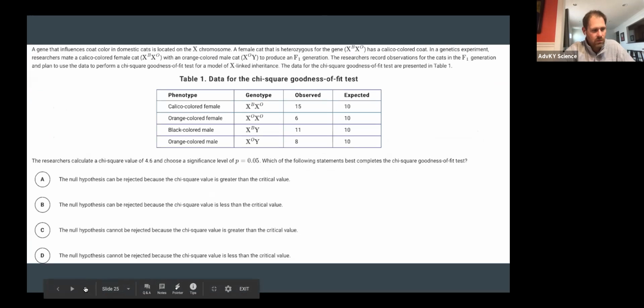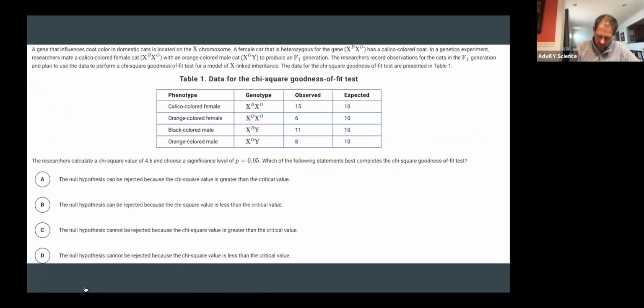Okay. So we'll see if we can, let's answer two more questions. I've got two questions right here in a row. Let's answer these and we're probably going to run out of time for anything else. Okay. So this is telling you what the chi-squared value is this time. You do not have to calculate it.